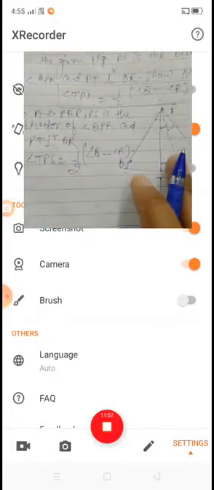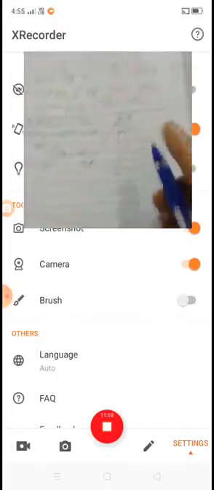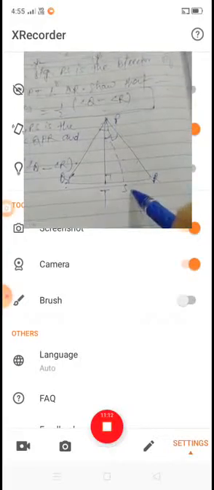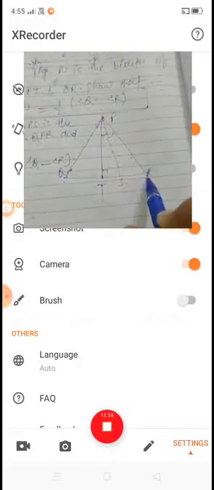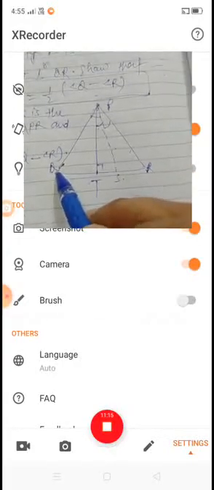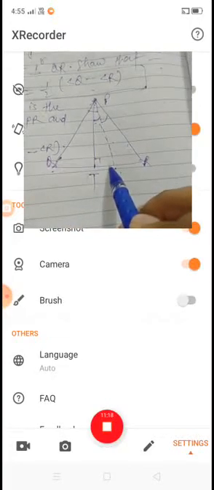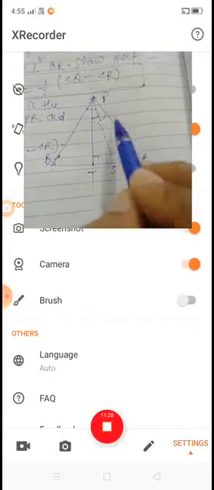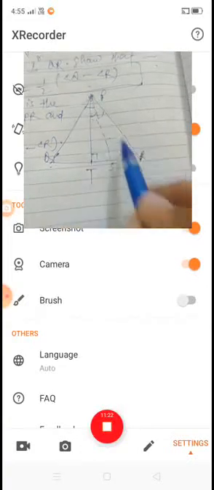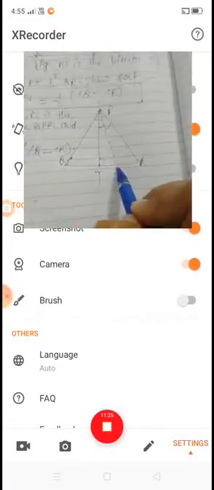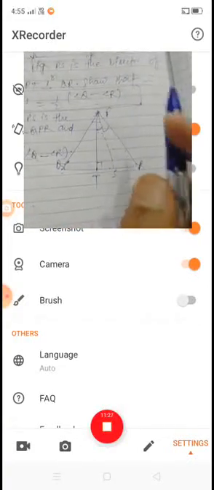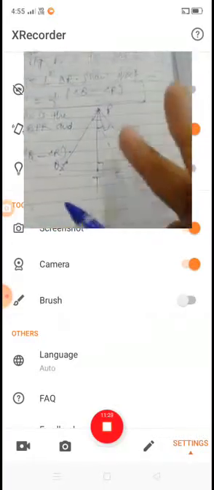This is a very important question. Here, from the figure, PS is the bisector of angle QPR, so we have angle QPS equal to angle SPR, because the bisector of an angle divides the angle into two equal parts.